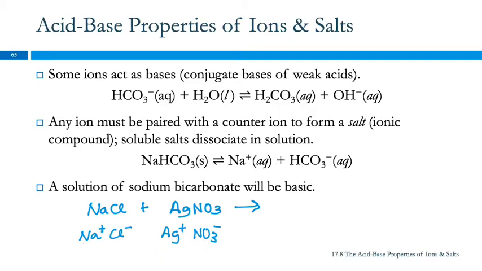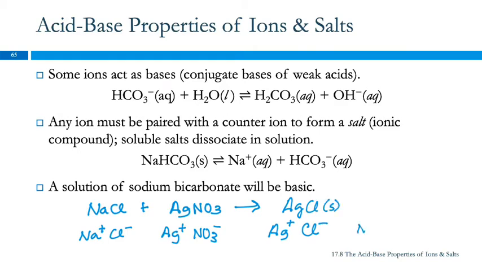And at the party, they mix together, and silver runs into chloride. Silver hadn't met chloride before. They've got chemistry. They really like each other. They like each other so much that they're going to be together the rest of the party. They're going to form a solid. It's going to be a precipitate.